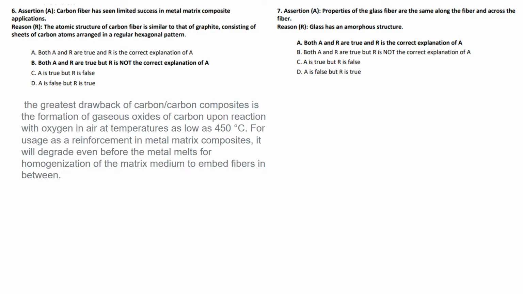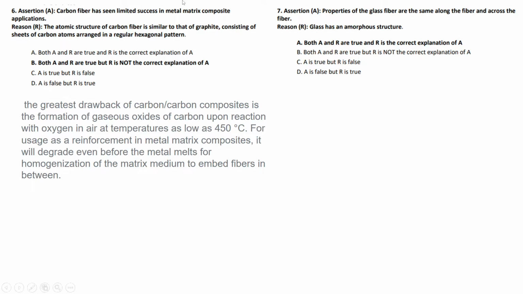We already know that carbon fiber degrades around 400 to 450 degrees Celsius. So from literature also you'll see that these carbon-carbon composites or carbon fibers, they all start degrading when they are heated up till 450 degrees Celsius by reacting with oxygen. They form gaseous oxides like carbon dioxide, carbon monoxide, and similar ones.